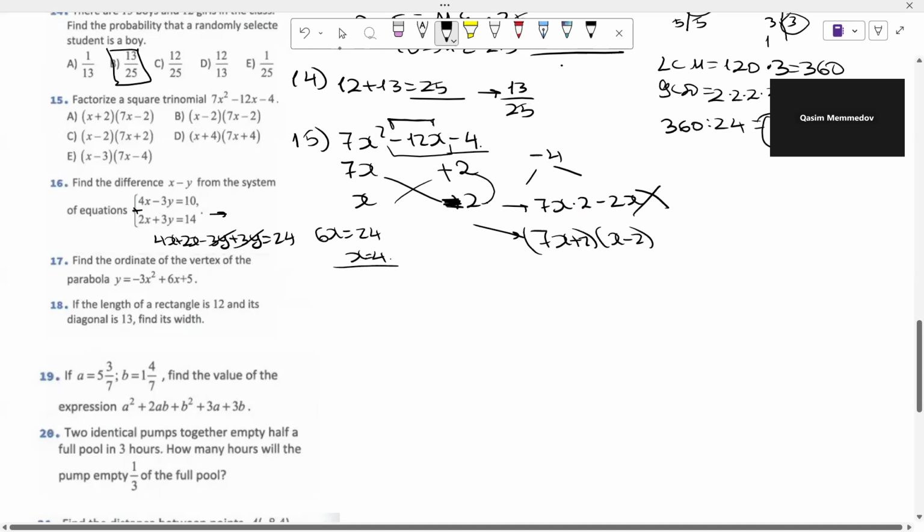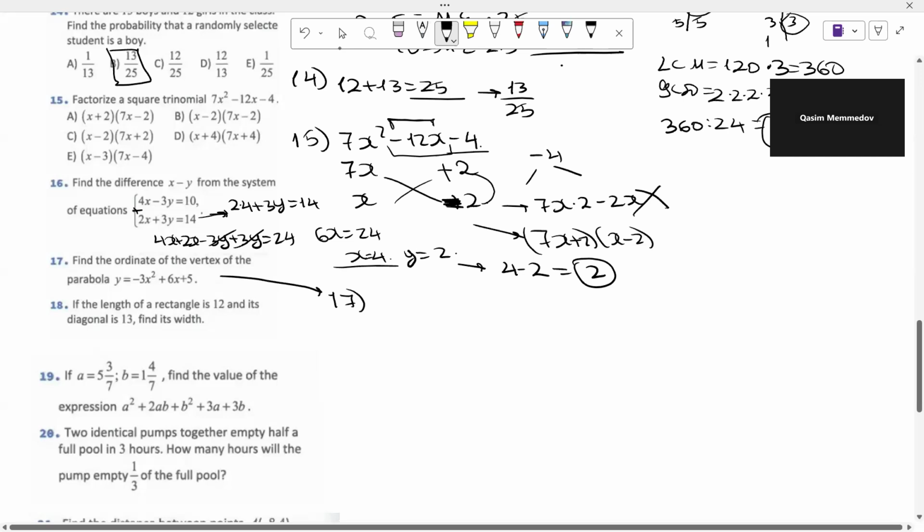And I can replace x with 4 in 2 multiplied by 4 plus 3y equals 14. That's why x equals 4 and y equals 2. And x minus y equals 4 minus 2. The result is 2.